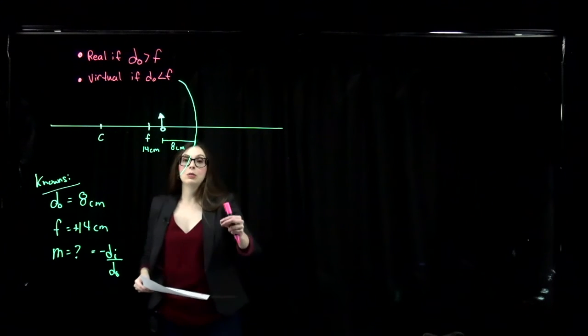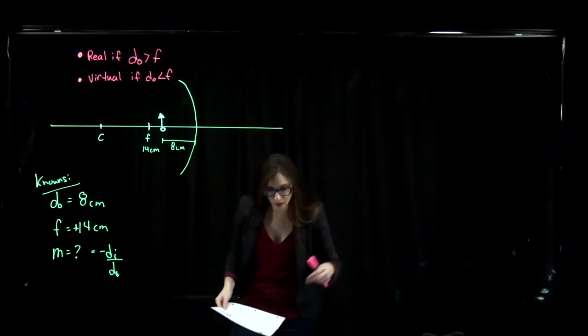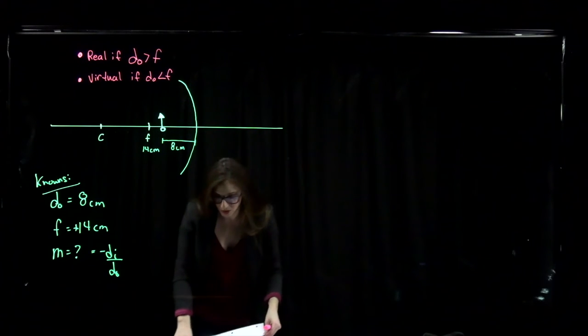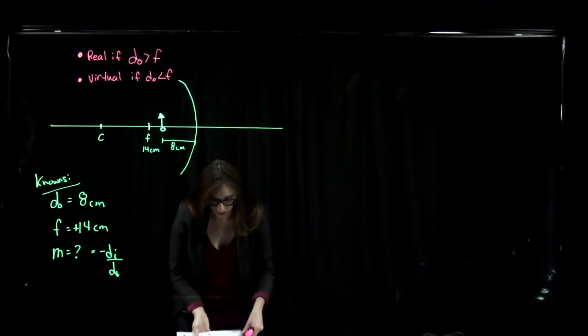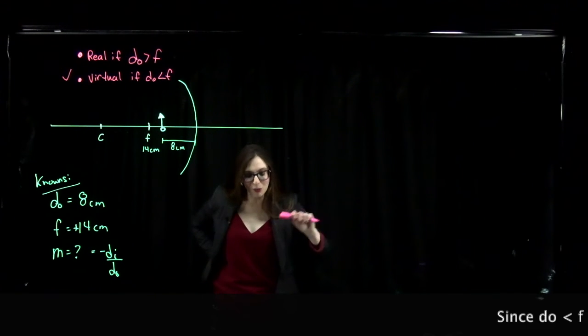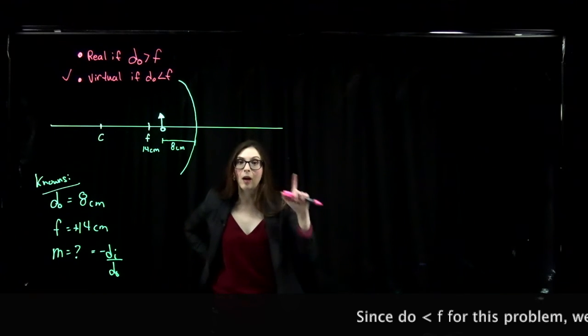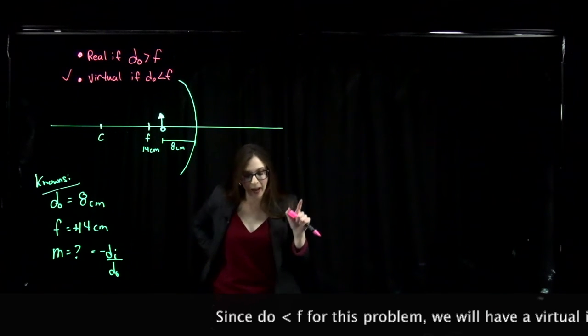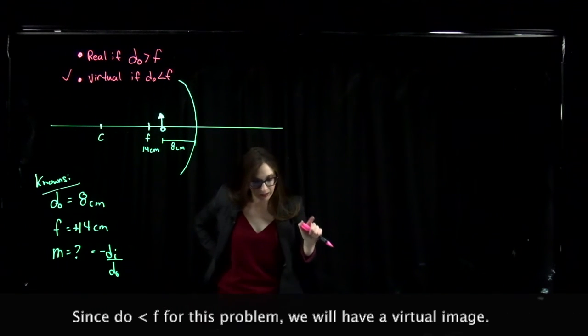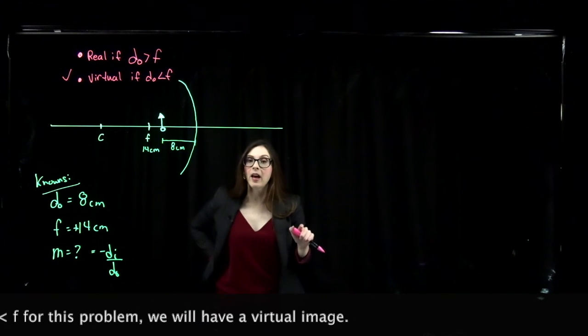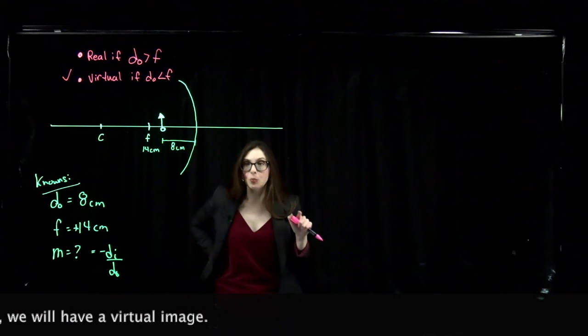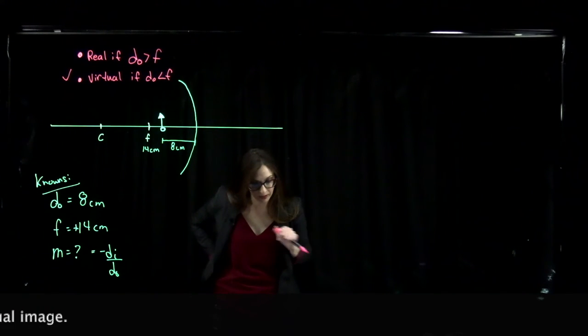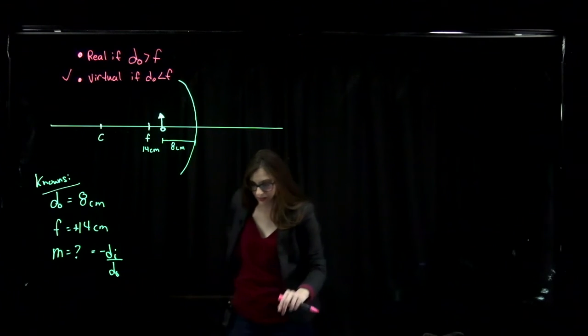So let's use our ray tracing rules for spherical mirrors to get an estimate first of where this image is going to appear. For our ray tracing rules for spherical mirrors, our first rule: a ray approaching a concave converging mirror parallel to its axis is reflected through the focal point of the mirror on the same side.